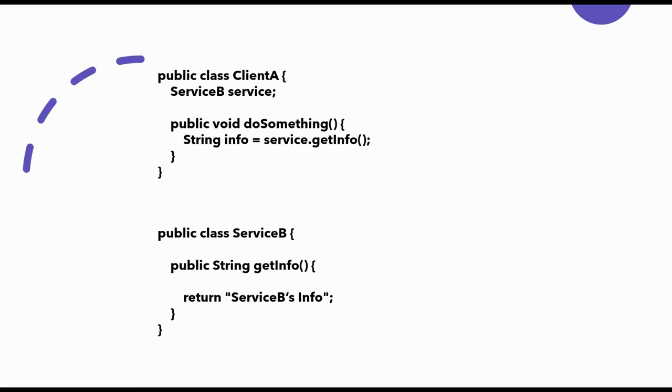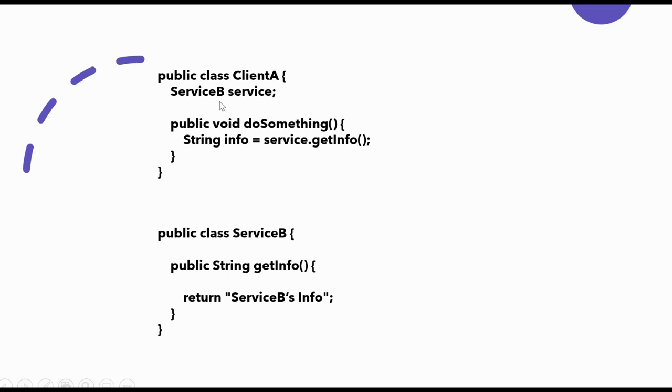Before getting to dependency injection, first let's understand what a dependency in programming means. I hope you understand by this: when Client A uses some functionality of class Service B, then Client A has a dependency on Service B.